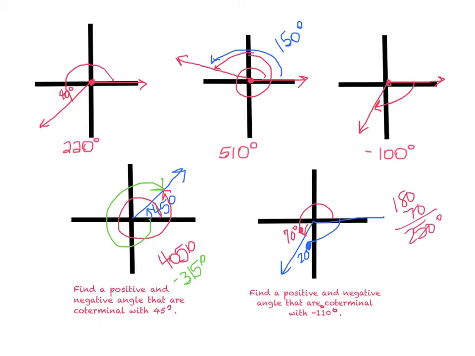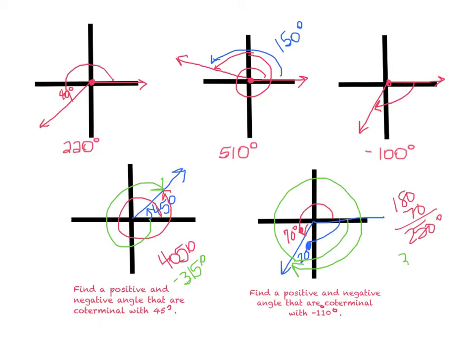The negative coterminal, well, I'm going to start on the initial side, and I hit it, but this is what I started with, so I'm going to go all the way back around and come back to that negative. That would be a negative angle that's coterminal with negative 110.